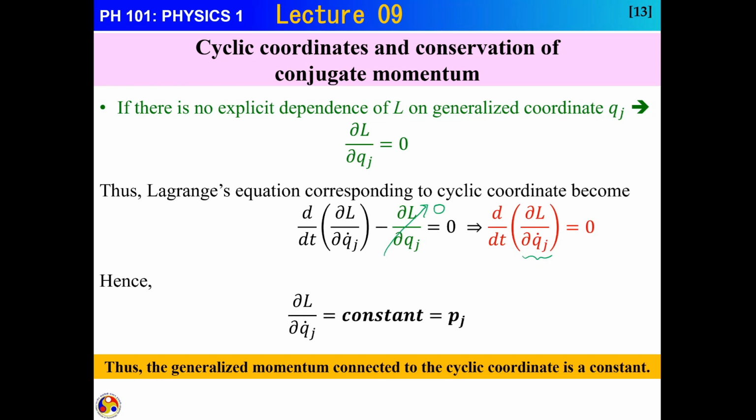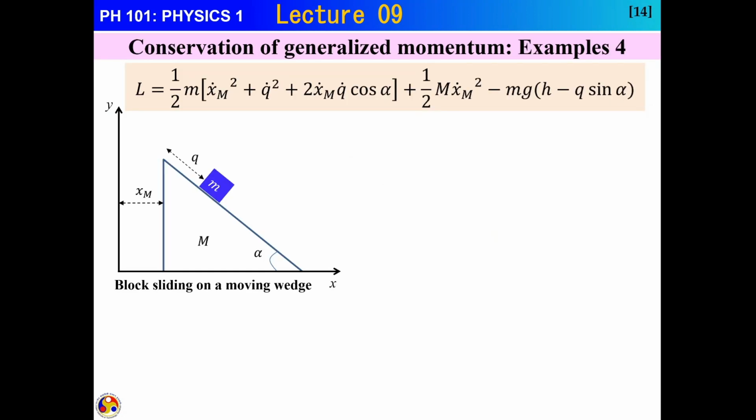You should be able to classify it quickly. For example, if we look back at the examples that we dealt with in earlier classes, for this block sliding on a moving wedge, which is also a moving part here in the plane xy, we have written the Lagrangian in this functional form.